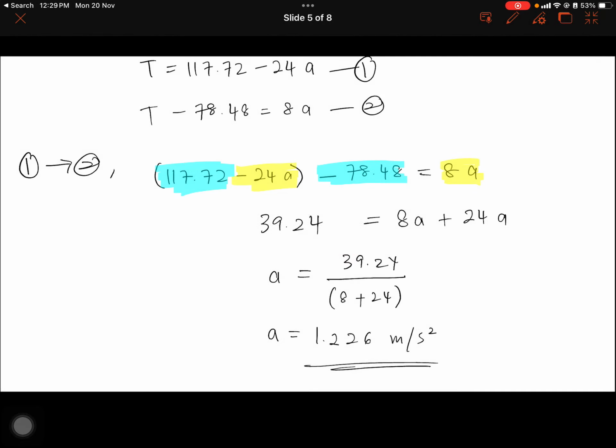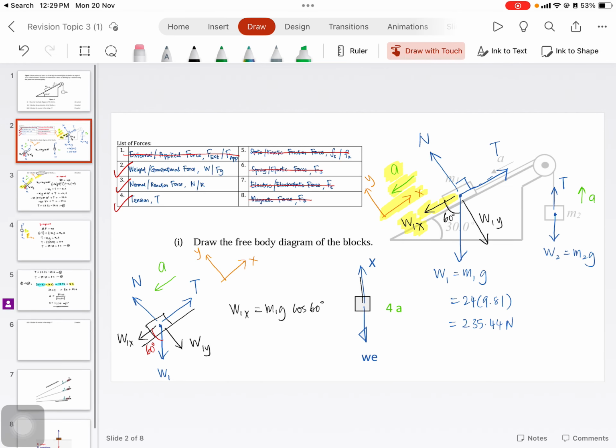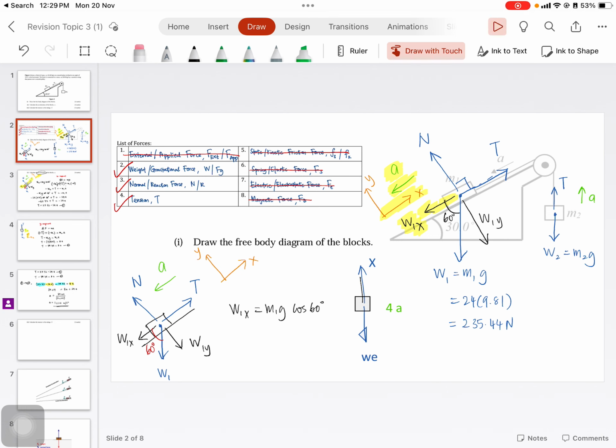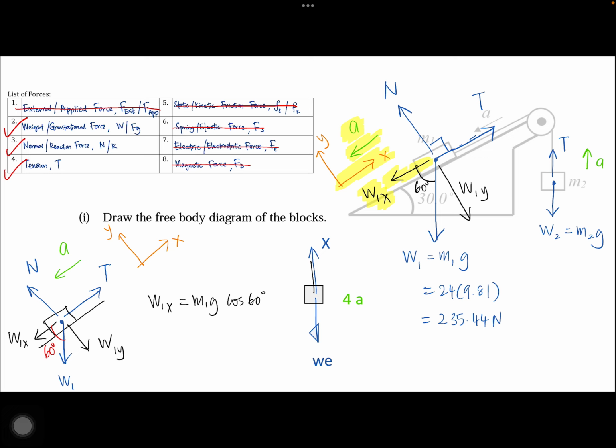So it is important again to draw the correct free body diagram, and it's not that difficult. Always look at your list of forces, cancel unnecessary, irrelevant forces, and then just choose the forces that are relevant to the question.